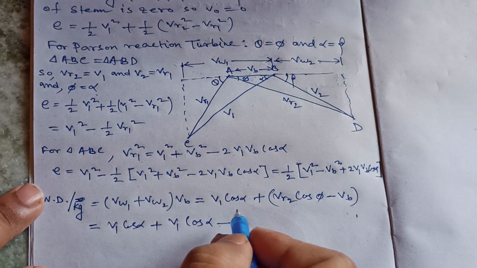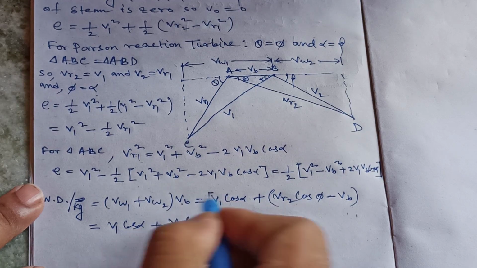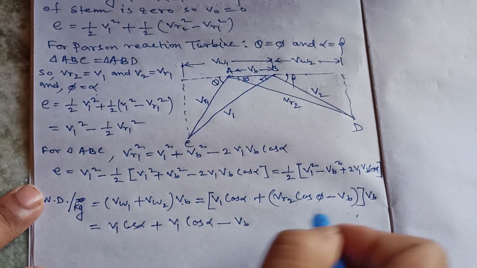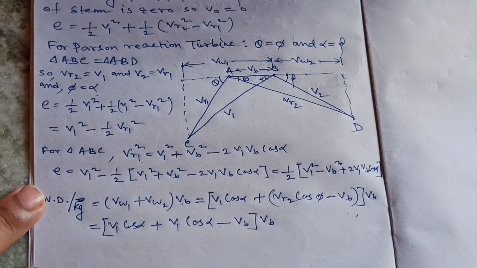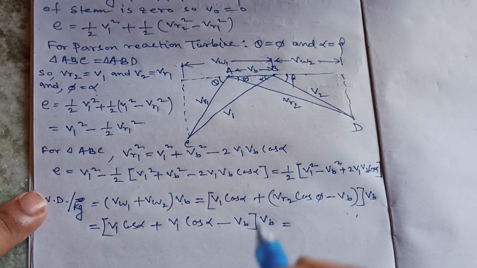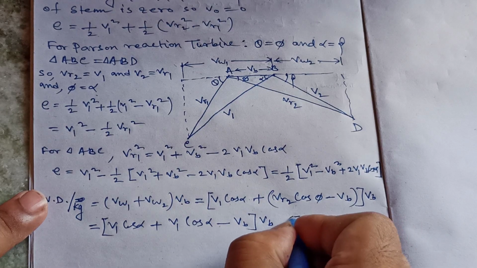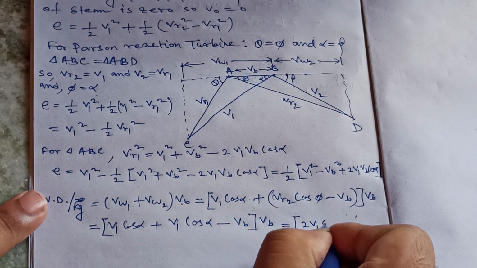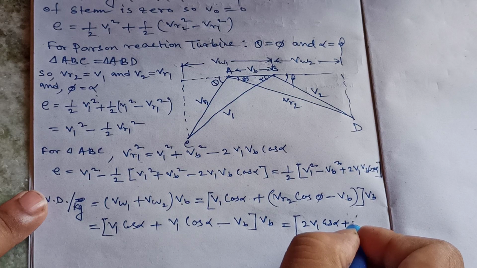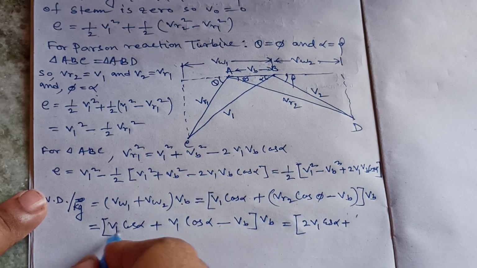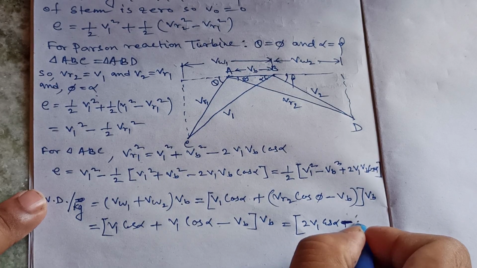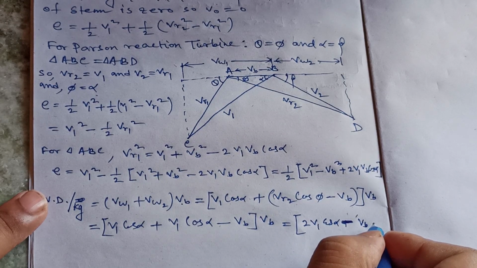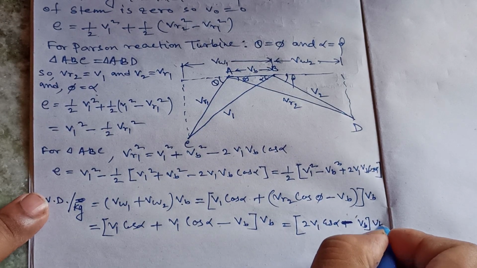Now this value comes to V1 cos alpha, because it has the same value, minus VB, into VB.